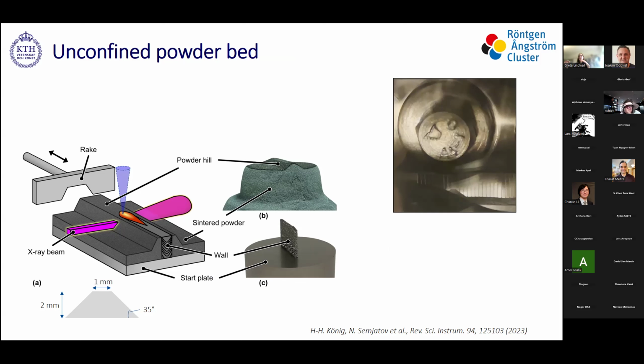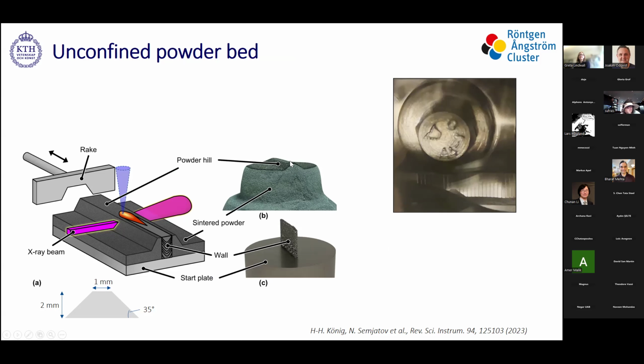Here we make use of the fact that we can shape the powder bed. We have customized rake blades that shape it, so you have a powder bed that gets thinner and thinner. You get a hill, which is then thin enough for us to look through with the X-ray beam.